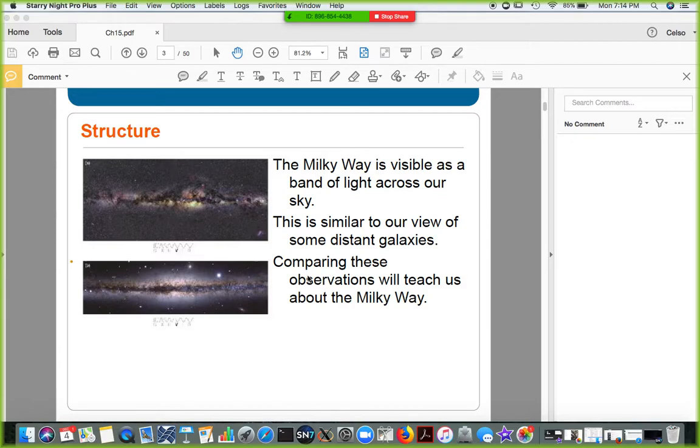So if you go to a site that is relatively dark, no light pollution at all, you might be able to see these features going across the sky from one horizon to another, and going all the way close to almost your straight up position, your zenith, and then going down to the other side. So that is the Milky Way.